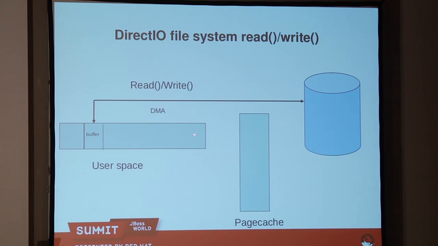Using buffered memory doubles the size of all the file system data: there's a copy of it in the page cache, and there's a copy of it in the user's buffer. That's one of the reasons a lot of databases will use direct I/O, because they totally eliminate the pressure on the kernel to constantly reclaim this page cache memory.